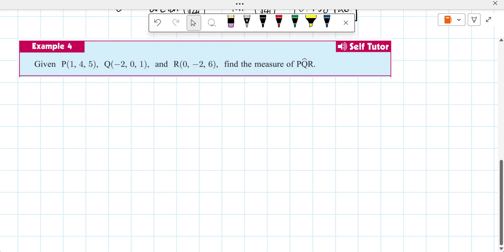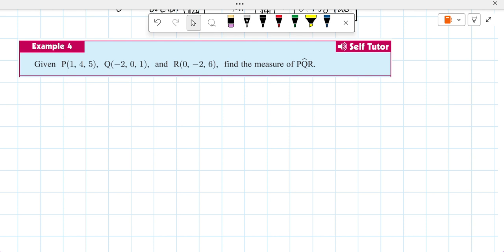Example 4. Given points P, Q, and R, find the measure of the angle PQR. So we have these 3 points, and they are in 3D. If I were to draw the XYZ plane and then attempt to plot the points P, Q, and R, it's near impossible. It takes a lot of effort and time, and the point of this question is that we don't need to do such a thing.